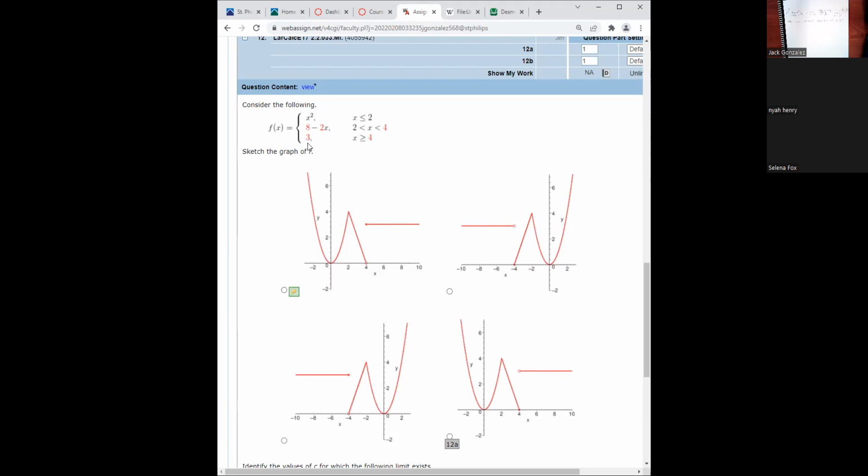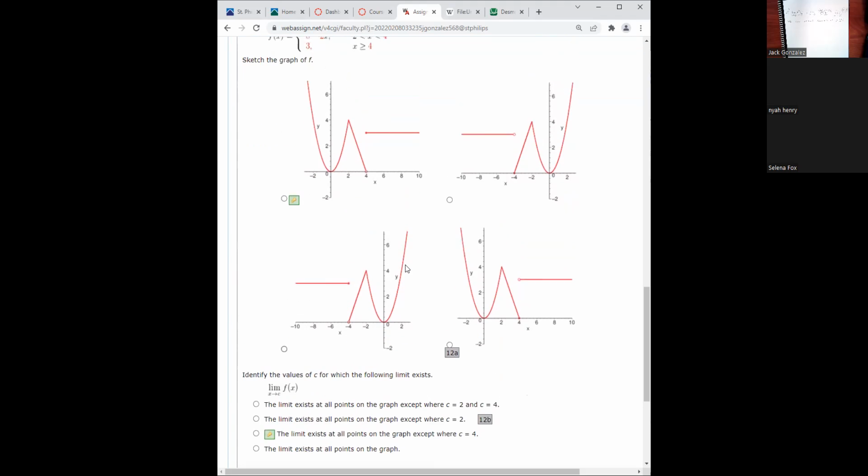The constant horizontal lines are constant functions. So at 3, it should only be equal to 3 beyond 4. So it's either going to be D or A. The rest make no sense. And then you eliminate the rest by checking the holes.